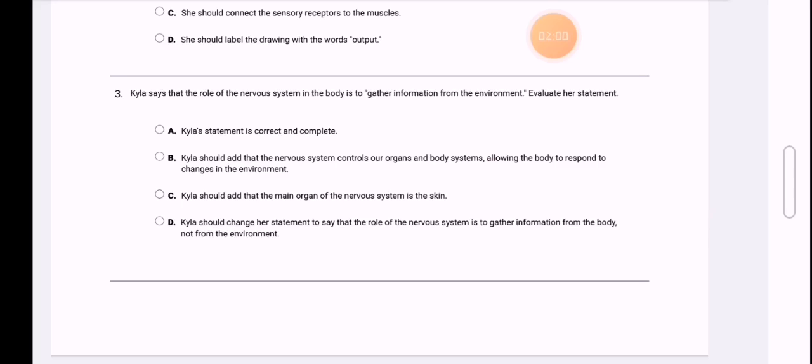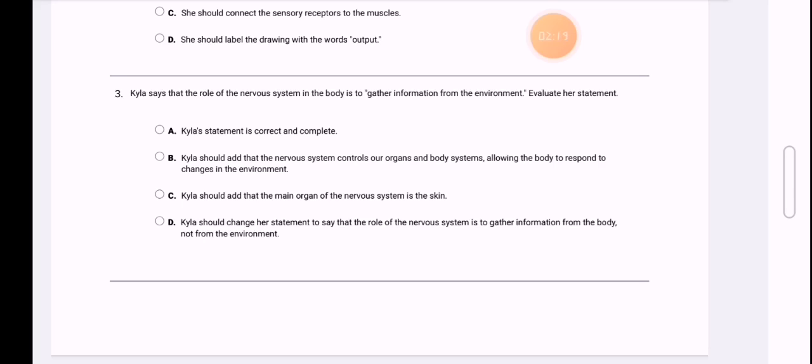Number 3, Kyla says that the role of the nervous system in the body is to gather information from the environment. Evaluate her statement. Kyla's statement is correct and complete. Kyla's statement is correct but not complete, so we can't choose this answer.